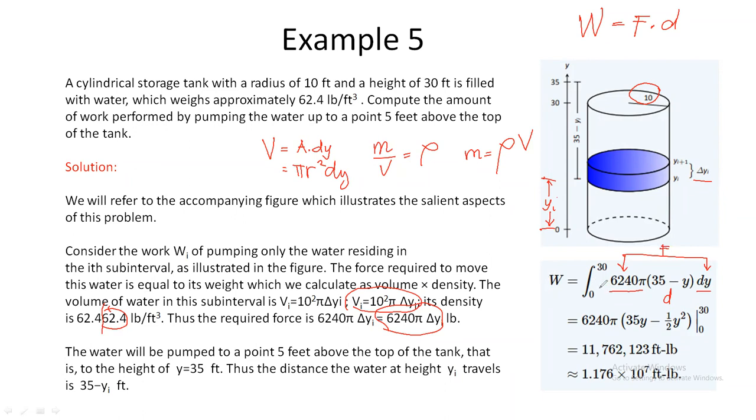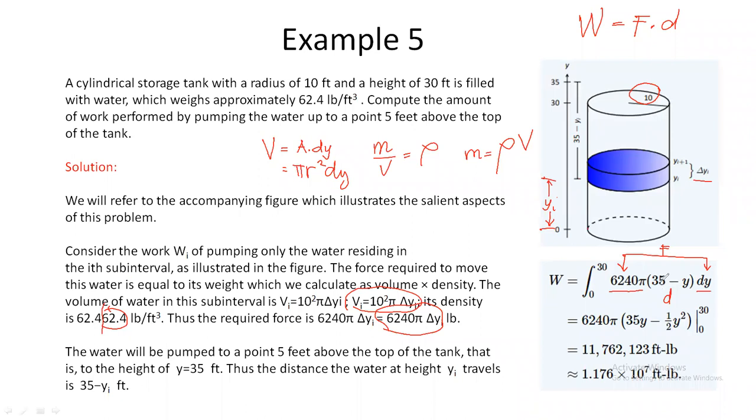Now your limits of integration is 0 to 30. Why? Because your tank is only filled with water to the same height as the tank. You cannot have water higher than the height of the tank itself. That is why the lower limit is 0 and the upper limit is 30. You don't place 35 here because the height of the water inside the tank is just up to 30. It's not 35.